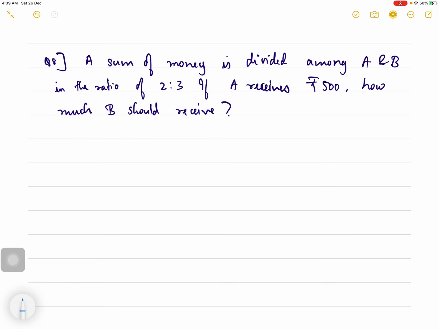A sum of money is divided among A and B in the ratio 2:3. If A receives 500, how much should B receive? Okay, so there's a sum. You don't know the amount, but you know it is divided between A and B in the ratio 2:3.